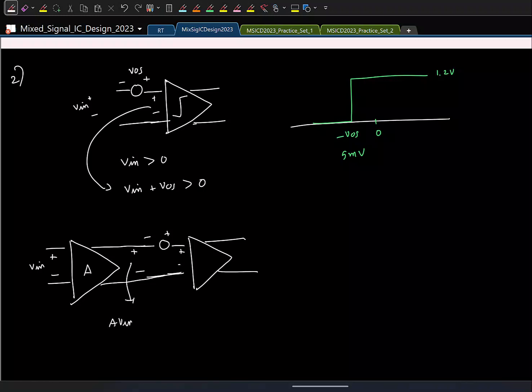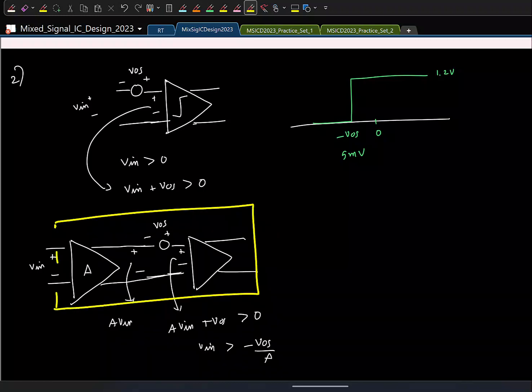So what is the actual signal that is compared by the comparator? A times V in plus VOS. So only if this is greater than 0, it will toggle. So what is the effective offset we get now? Fine. So if I basically put it in a box and sell it to you, you will infer that this is a latch or a comparator with an effective offset of minus VOS by A. Right? But do you think this is okay, or could there be some other issue here?